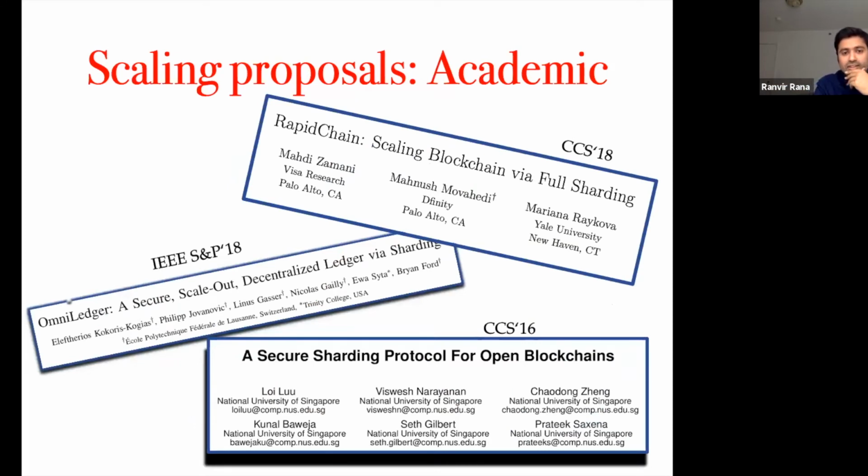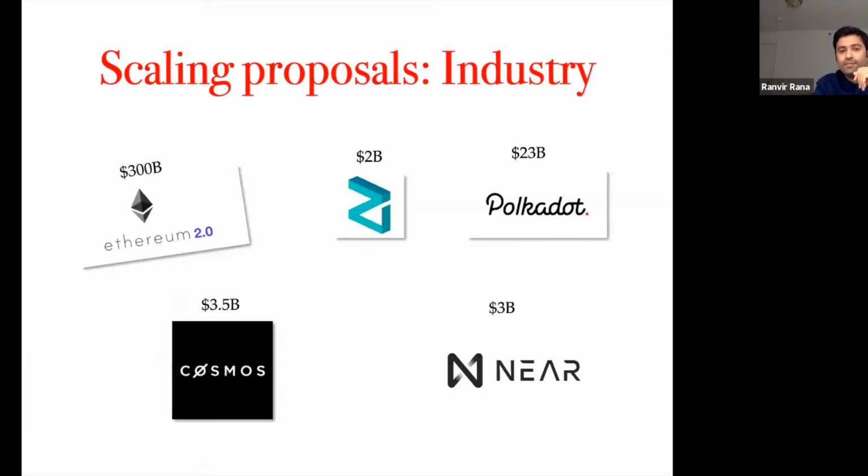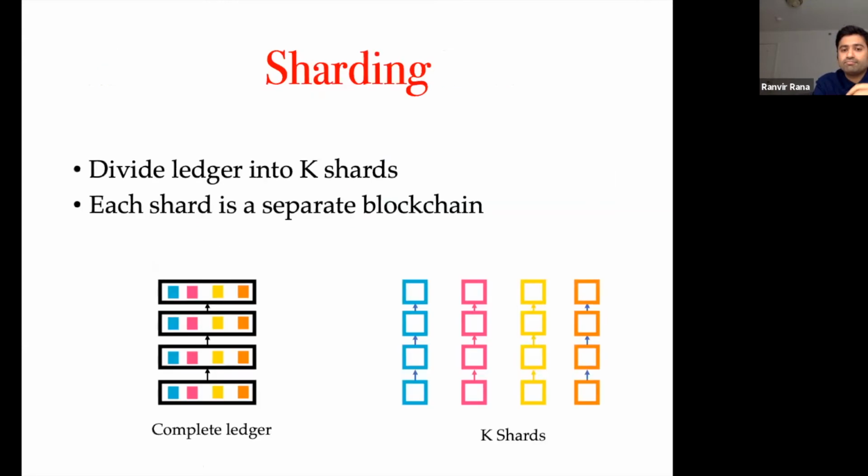Examples are OmniLedger, Elastico, RapidChain, and Gearbox, which is a new protocol from you guys. And there is also a lot of industrial interest in this. Ethereum is proposing sharding, there's Zilliqa, Polkadot, Cosmos, and so forth. So that's basically the motivation behind it.